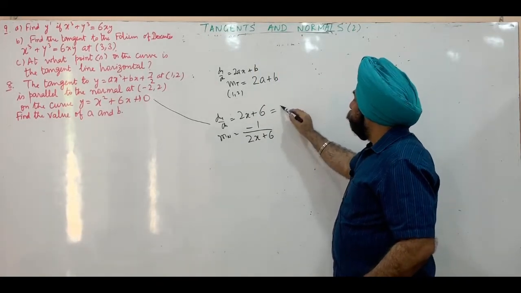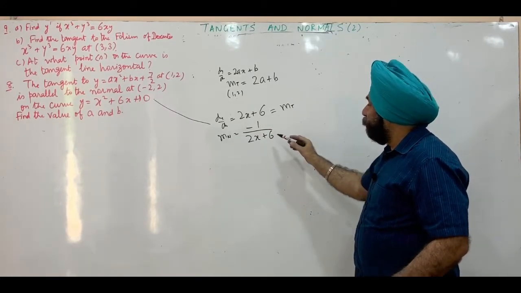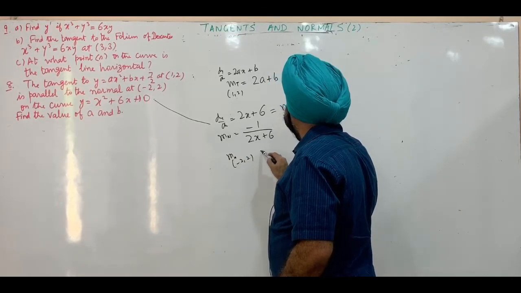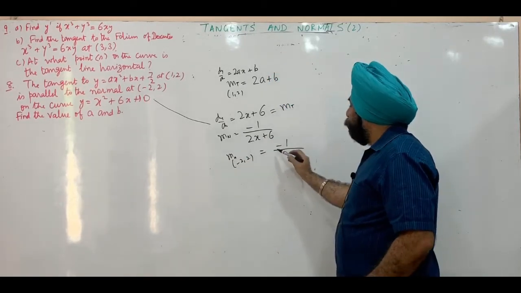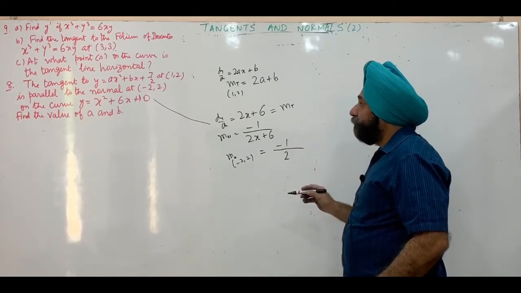So the slope of tangent into the slope of normal is minus 1. The slope of normal at point (-2, 2) will be minus 1 upon 2 into minus 2, minus 4 plus 6.